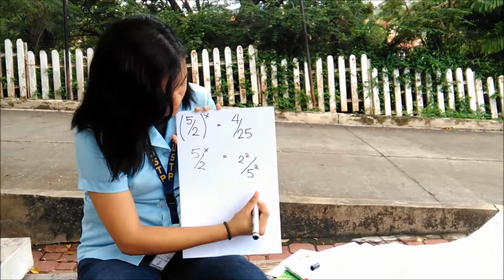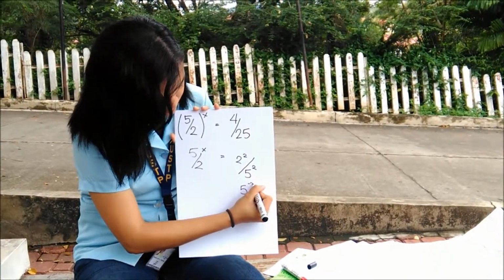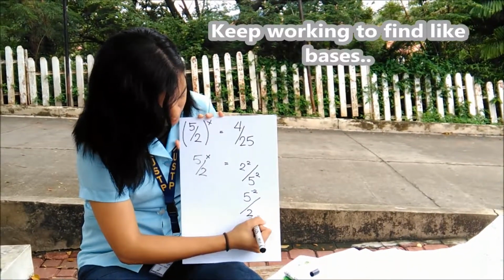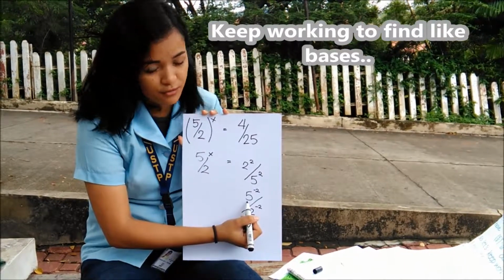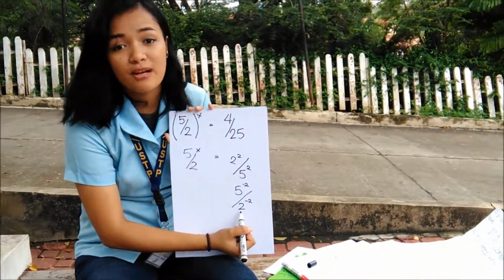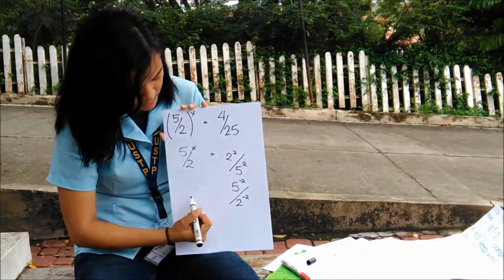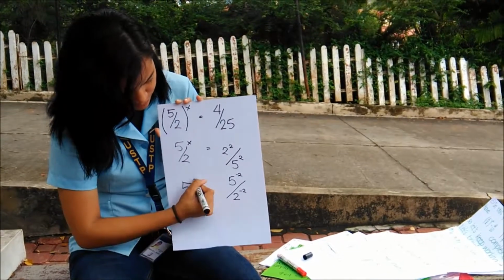So we're going to do it this way. See, we just made our 5 to the power of negative 2 as our numerator and 2 to the negative 2 as our denominator to make like bases. And I'm bringing down 5/2 to the x.